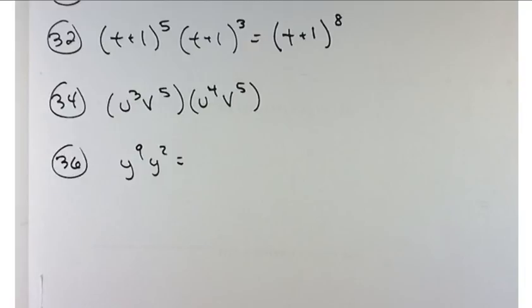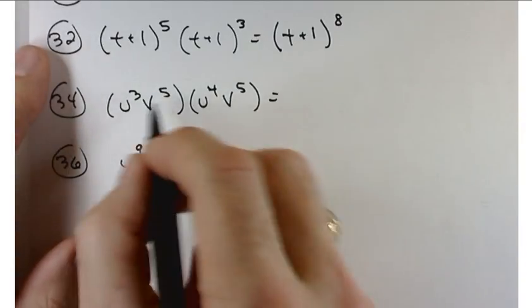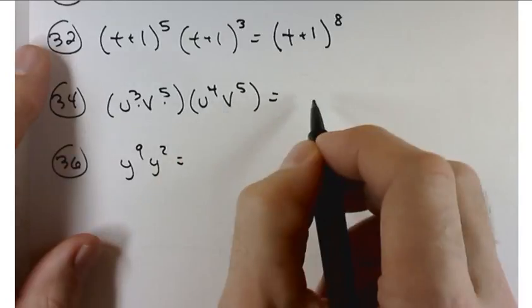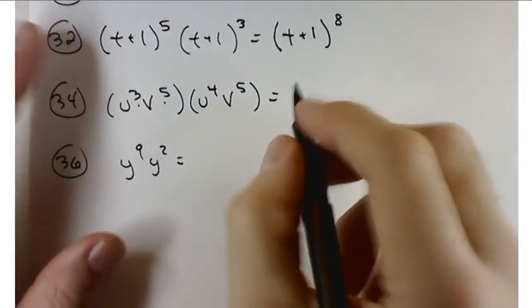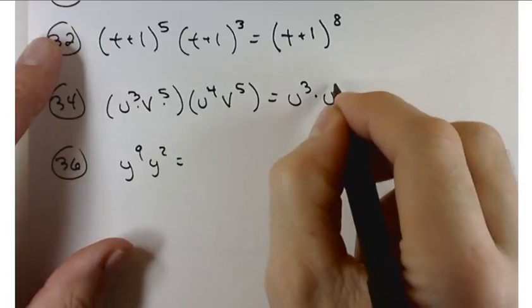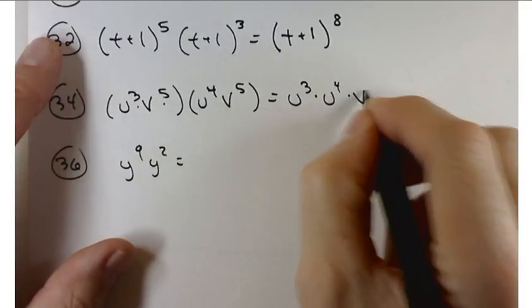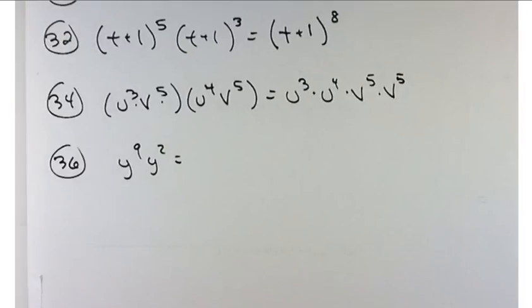Now, a little hint with problem 34: because all these things are being multiplied, multiplication is what they call commutative. You can change the order here. So it's going to be u to the third times u to the fourth times v to the fifth times v to the fifth. You can reorder those if you want or need.